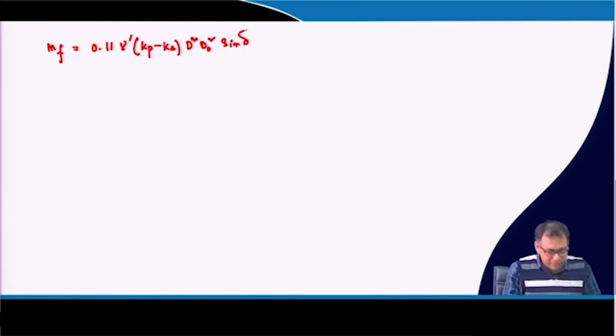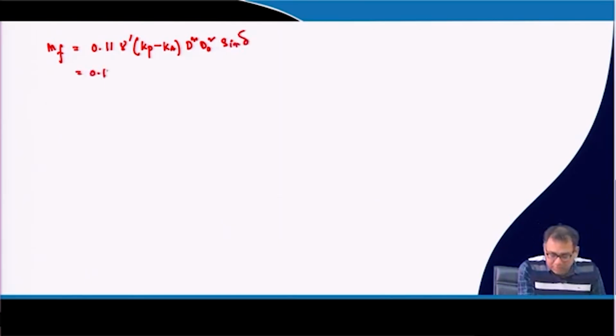Now, we will calculate the Mf, moment due to the friction, and for the circular well this is 0.11 gamma dash Kp minus Ka, d square d0 square sin delta. Okay.